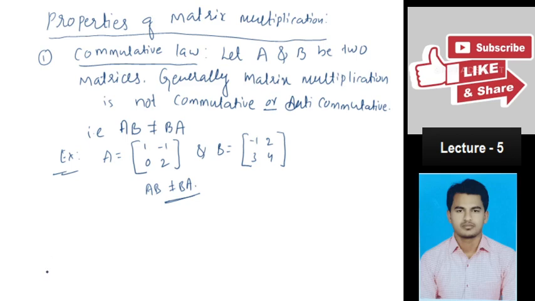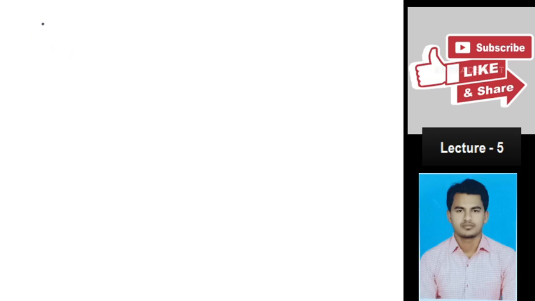The second property, property number 2, is the associative law.